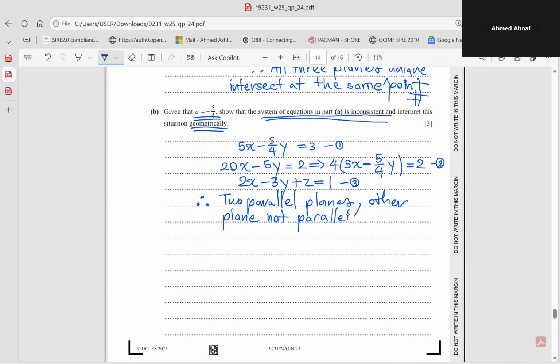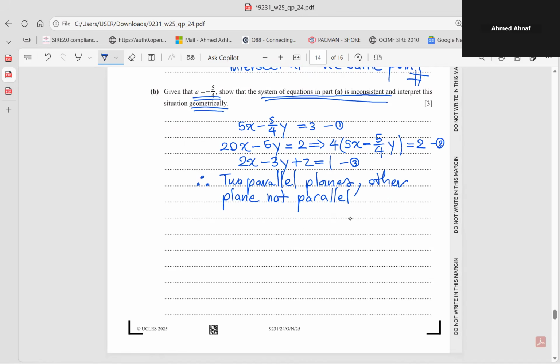So now to prove that it's inconsistent, we're just going to substitute equation 1 into 2. Then you get 4 times 3 equals 2, which gives you 12 equals 2. That's obviously not true, so therefore it's inconsistent.